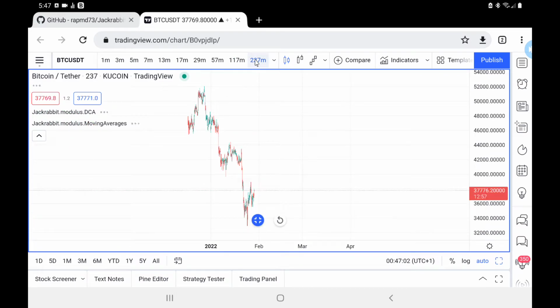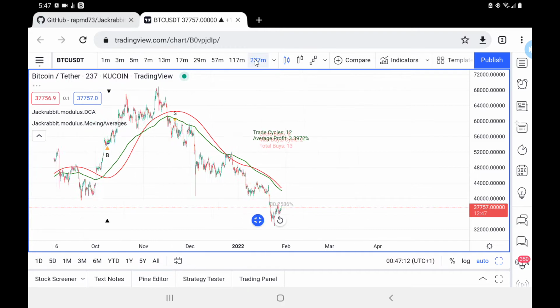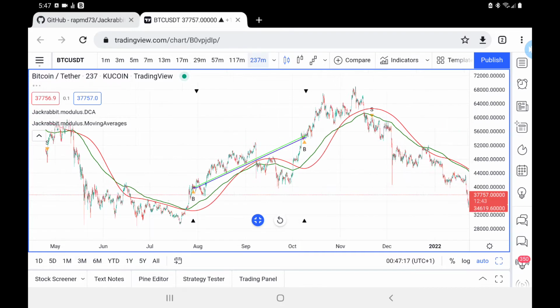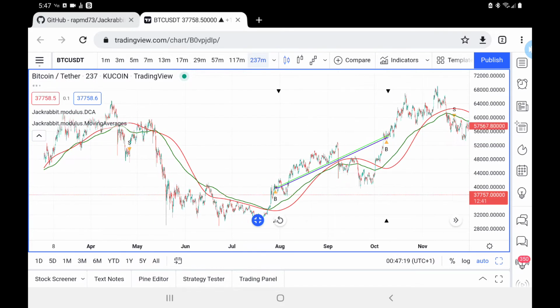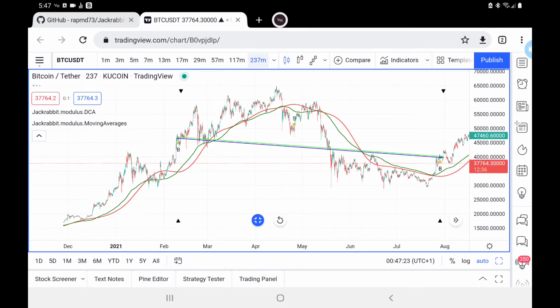Now, of course, these longer time frames require larger budgets. But still, this is good. This is profitable. And as you can see in each case, it avoids all of the massive market turmoil.